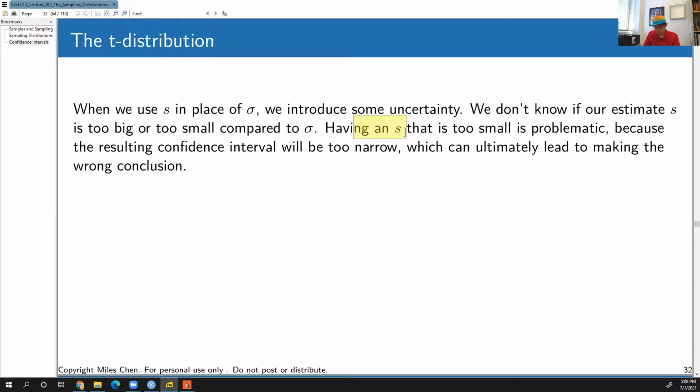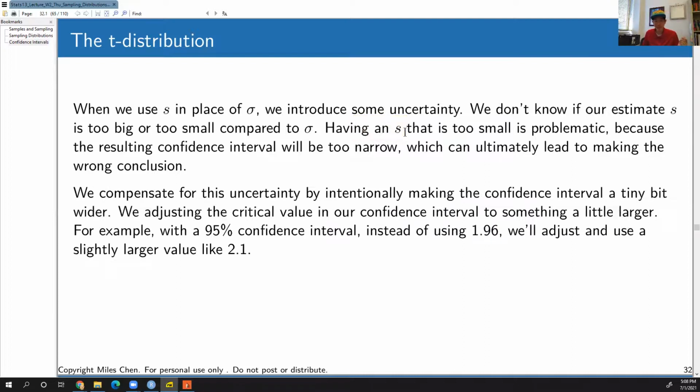This seems like a whole series of unintended consequences, but mathematically it all works out. We're just going to fudge our numbers a little bit, right? We're going to say, all right, my sample standard deviation is this, and I don't know if it's too big or too small.